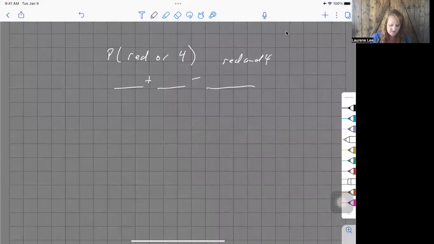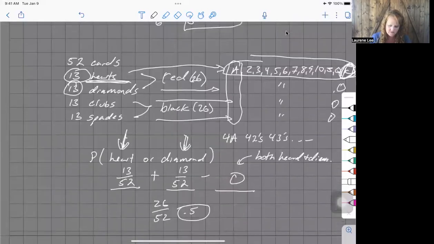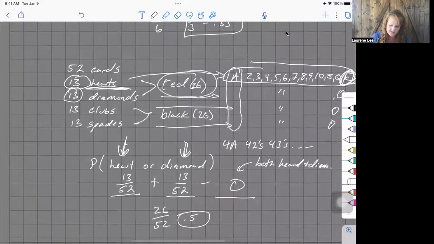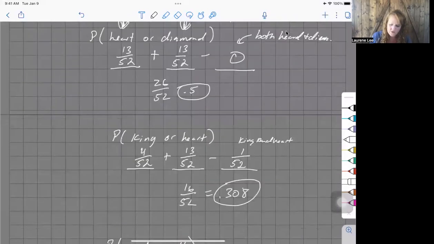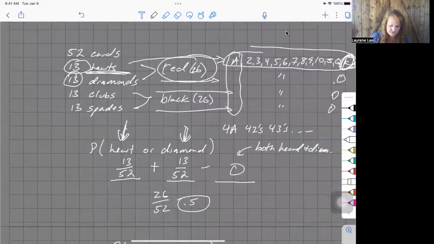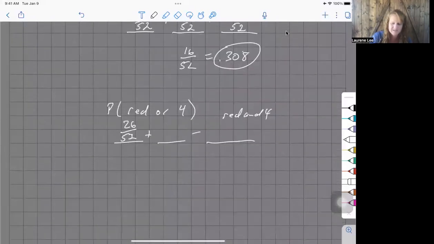So the red cards we have right here, there's 26 of them. The 4s, well, every suit has a 4. So there's going to be 4 of them, not because it's the number 4, but because there's 4 suits.